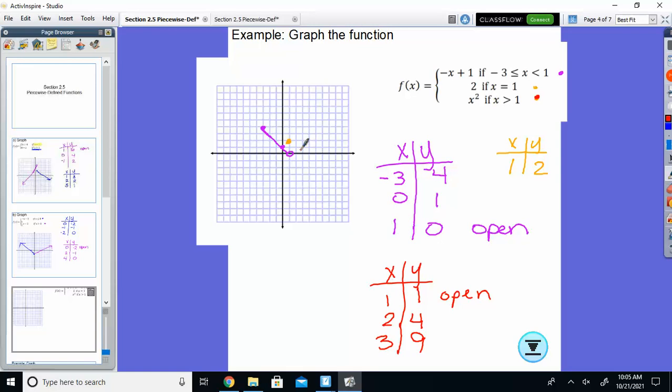Put in a 3, 3 squared is 9. So 1, 1 is open. 2, 4. Bigger graph probably would have been helpful, huh? 3, 9. So this is like part of a parabola. So it would look like this.